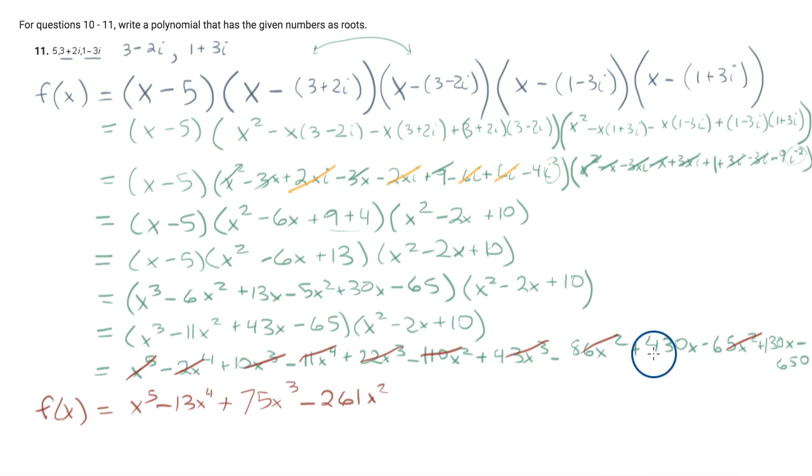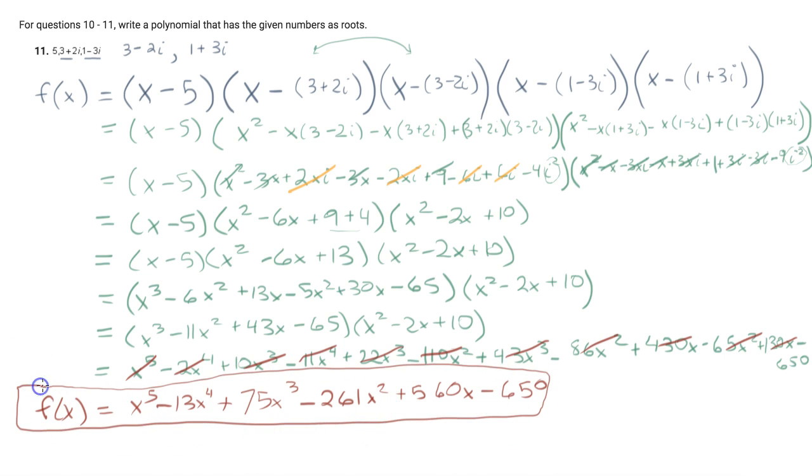And for our x's, we have 430x plus 130x. That should be 560x. And lastly, minus 650. All right, we just found our polynomial that could have all of these zeros.